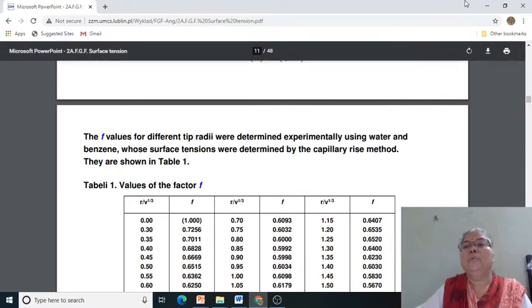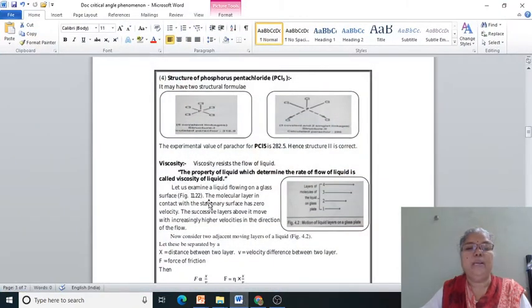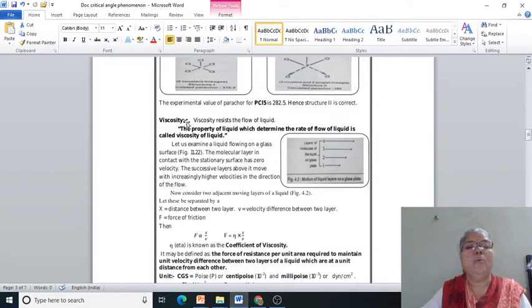Then we are going to see the next physical property, and the name of the next physical property is viscosity. Here the viscosity property is related with the flow of liquids.